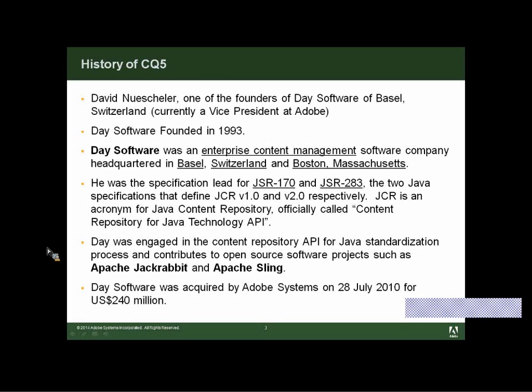Still, Jackrabbit is available. Anybody who wants to can download it and integrate it with their existing application free of cost. So that is the open source version of the JCR implementation, and CRX is the enterprise edition kind of thing, with more options, more stability and reliability.